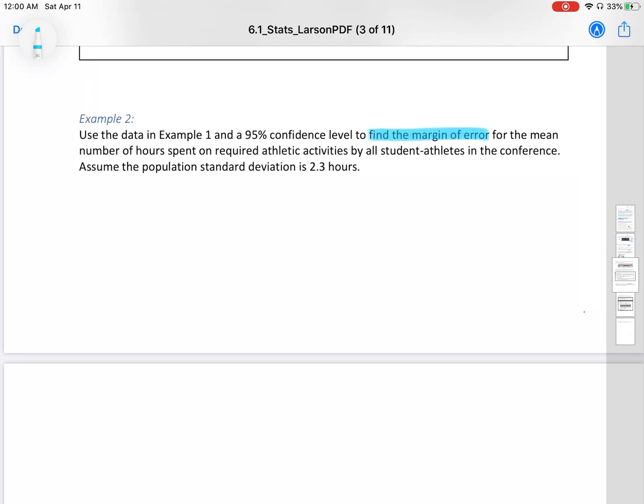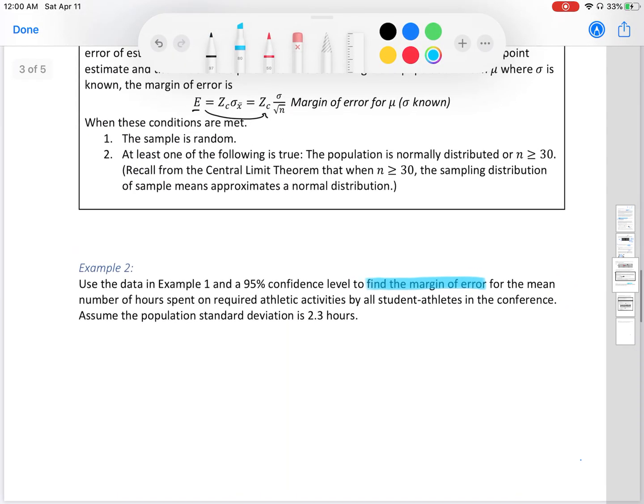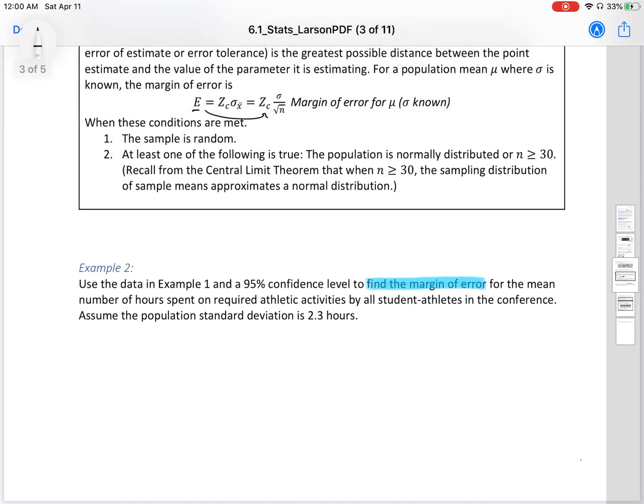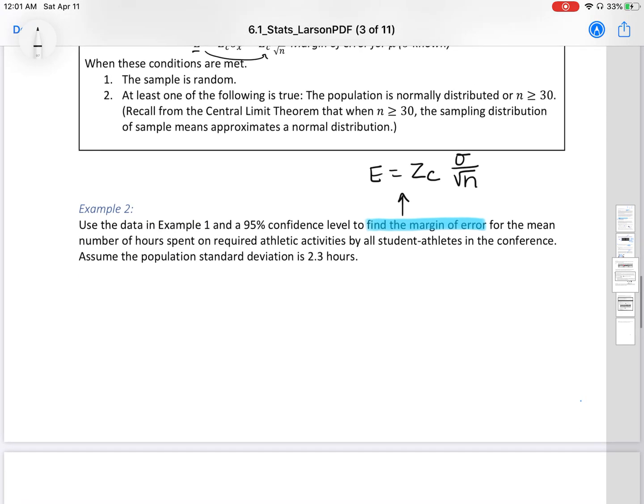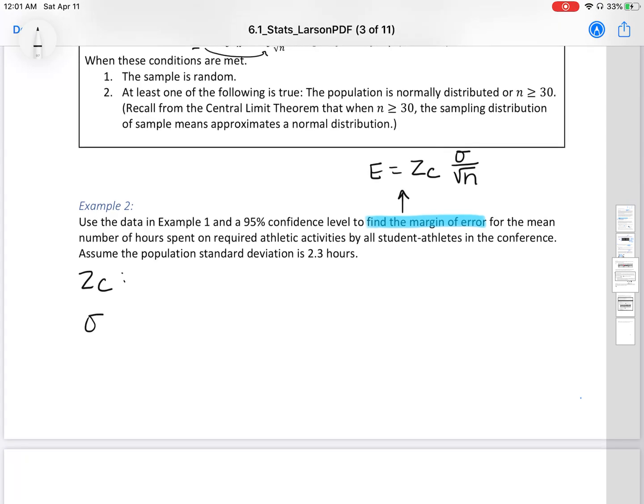Well, we just learned a formula to find our margin of error, right? Our margin of error E is equal to Zc times sigma over square root of n. So we need 3 things. We need Zc, we need sigma, and we need n, so we can input them into our formula.